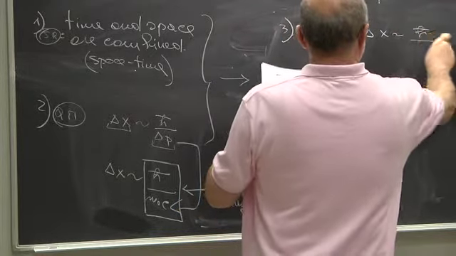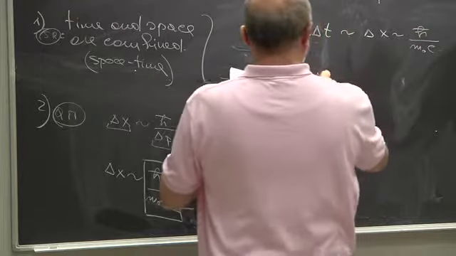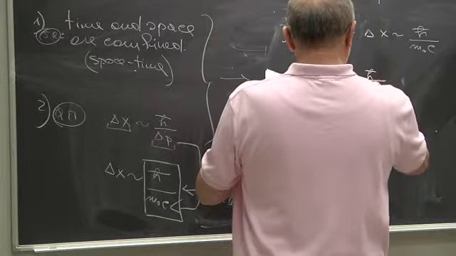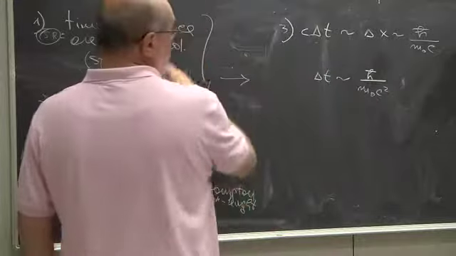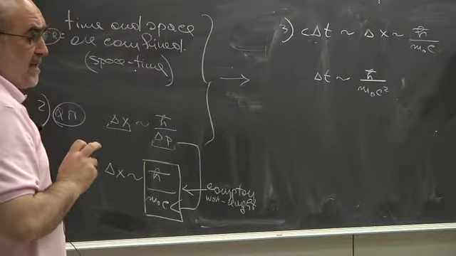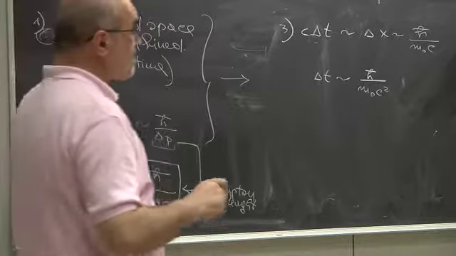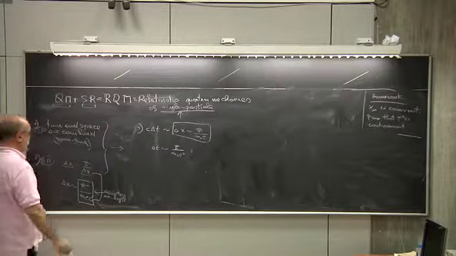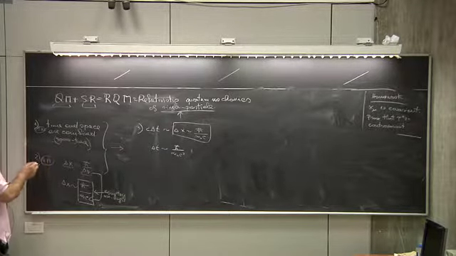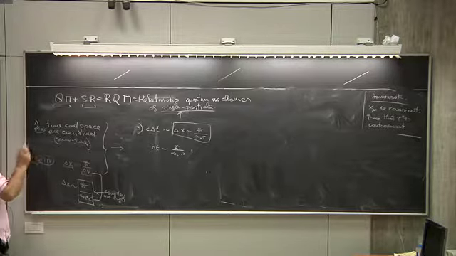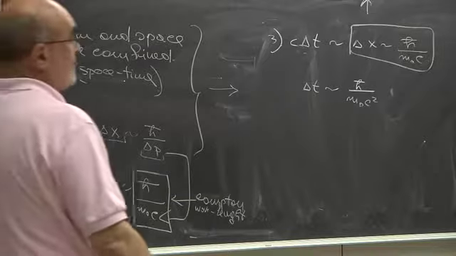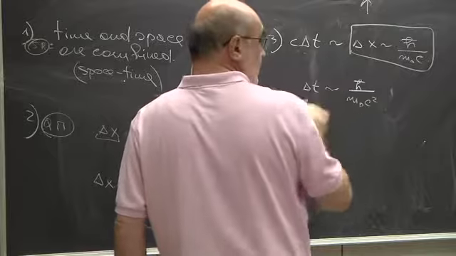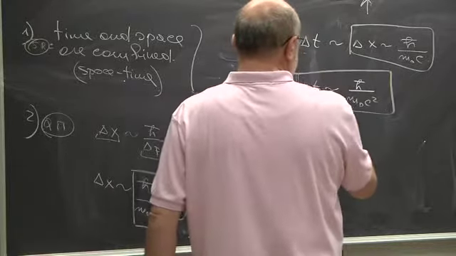Now this we know is h bar over m0 c. So we get that there is an uncertainty also in time that is h bar over m0 c squared, because space and time are equivalent in special relativity. I can turn one into another. Then if there is a minimum uncertainty in X, that means you cannot probe a particle at a distance less than this one, then this delta X is something like c delta T, then there is an uncertainty also in T.